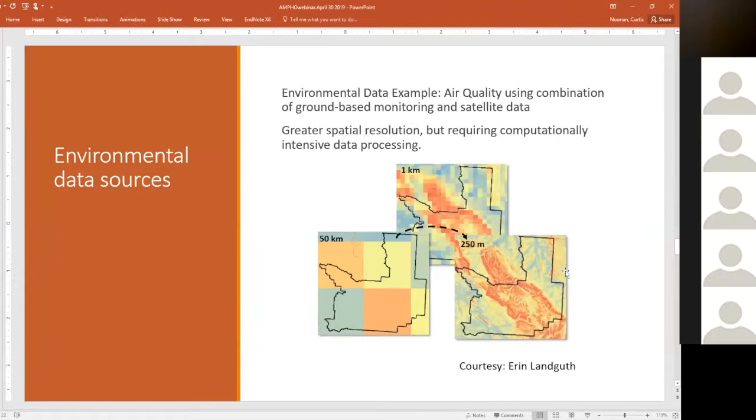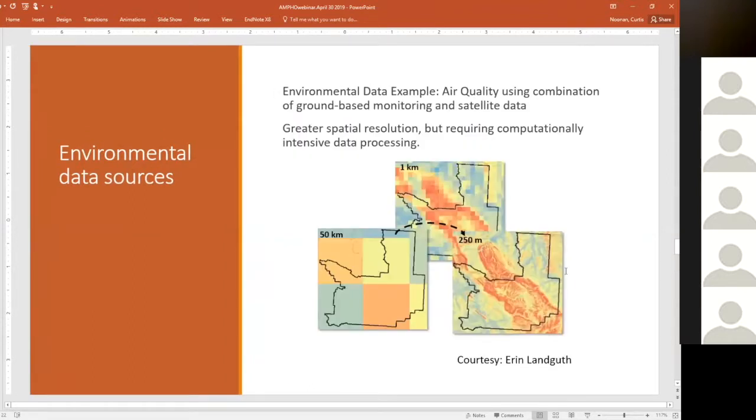And we know in order to better understand the health outcomes associated with that, we just need better spatial resolution. So we're trying to get down to a much more refined exposure modeling using a combination of those ground-based sensors and satellite data.